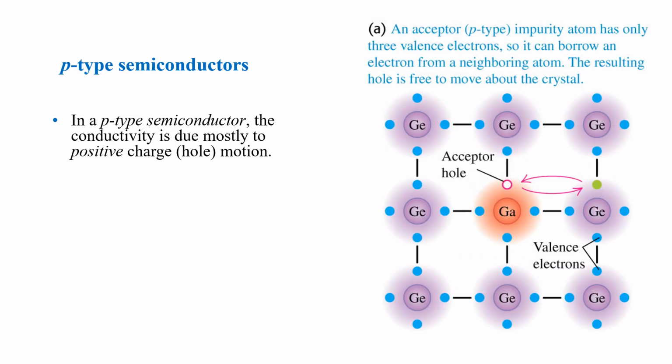If we have an N-type semiconductor, we also have a P-type semiconductor, which is a positive type semiconductor. In a P-type semiconductor, the conductivity is due mostly to positive charge motion or your positively charged hole. Now let's consider again your germanium crystal, and we dope your germanium with gallium.